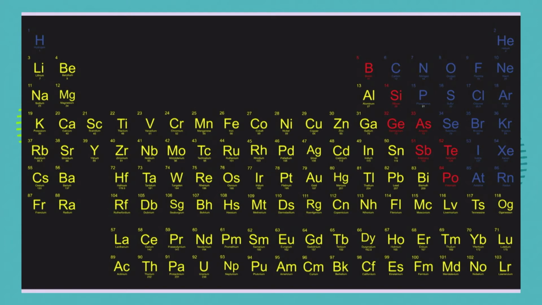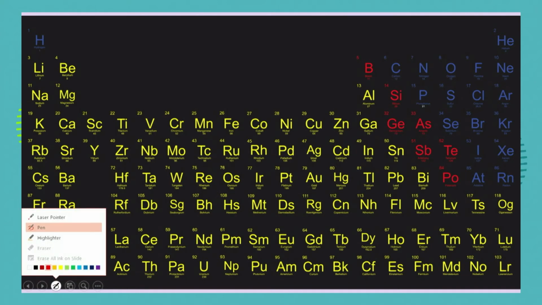One of these colors indicates the metals, one the semi-metals, and one the non-metals. Now we're going to pick a very simple and familiar example of one element of each of these different regions, and you're going to tell me which you think it is.